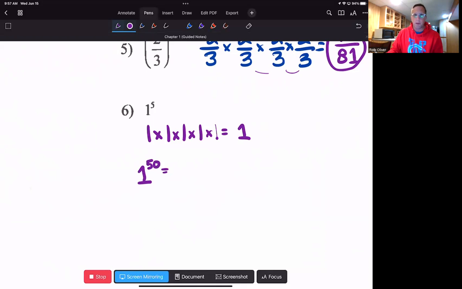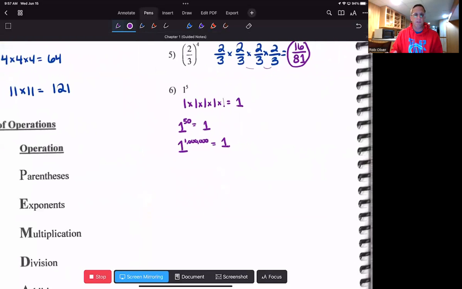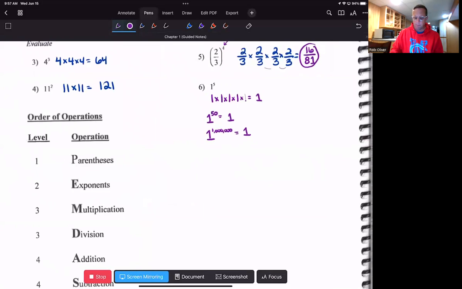That's 1 times 1 times 1, a lot of times, so that's going to be 1 as well. Doesn't matter if it's 1 to the 1,000,000th power, that's also equal to 1. Whenever 1 is the base, whatever the exponent is, it's going to be equal to 1.